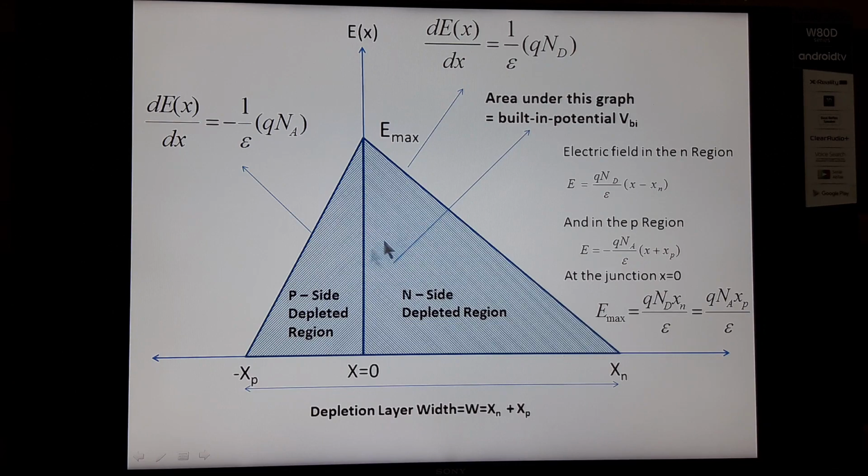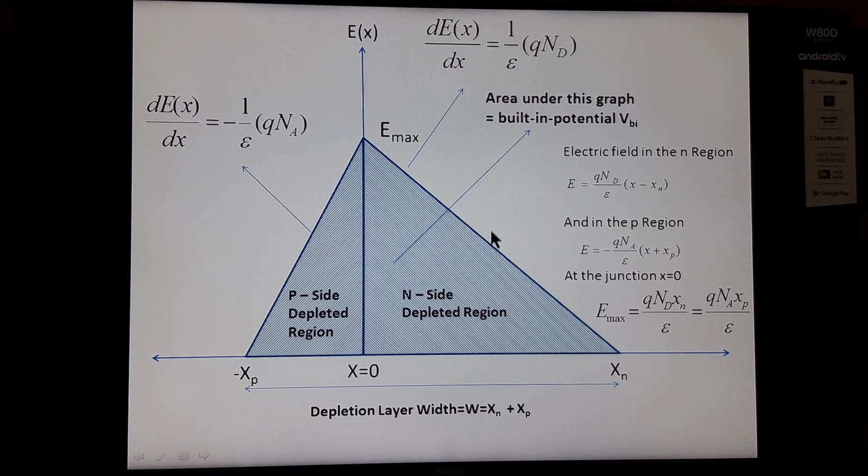And the area under this total electric field profile, considering the P side and N side, gives the built-in potential VBI, as we have to calculate now from Poisson's equation.